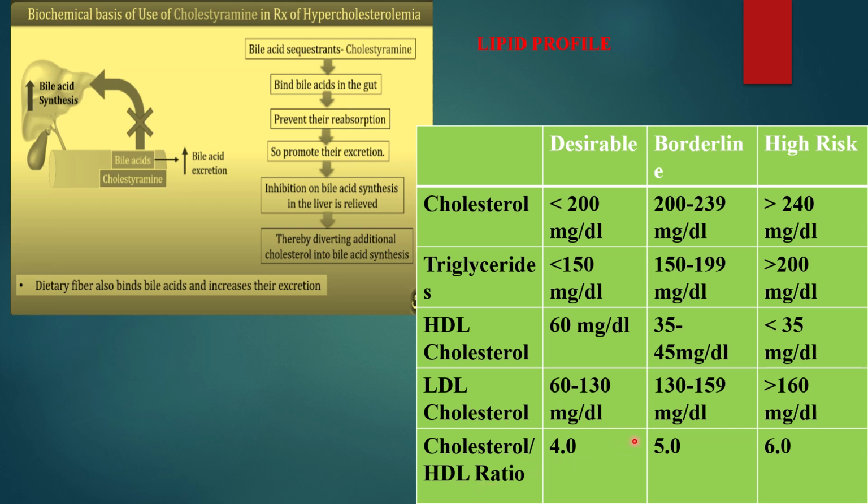The desirable ratio is 4: if cholesterol is 200 and HDL is 60, dividing gives nearly 4. So 4 is the desirable ratio. Borderline is 5. If it is more than 6, the subject is at high risk of cardiac diseases or atherosclerotic events.